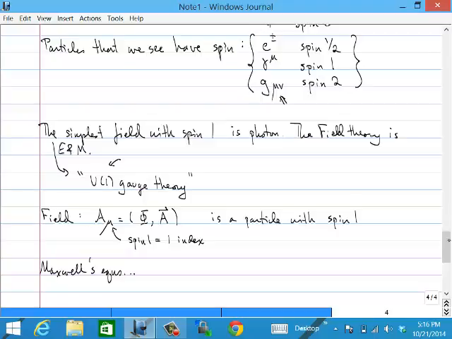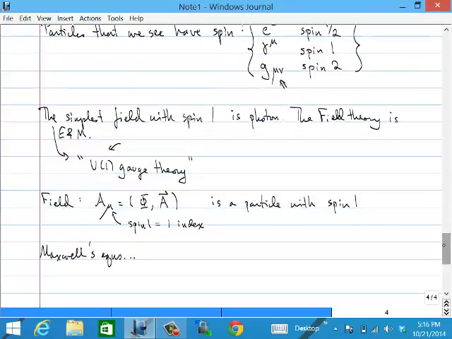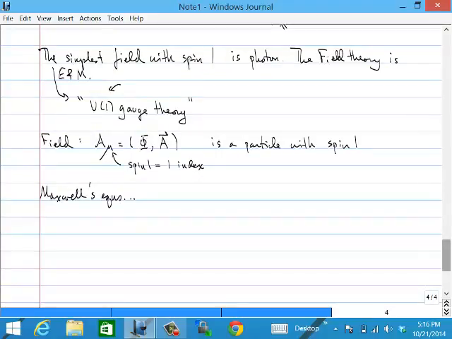In particular, we're used to dealing with an electromagnetic field in terms of an electric field E and a magnetic field B. But when we're talking about special relativity, it's very convenient to combine these into one single object, which in fact is an antisymmetric two-index object, known as the electromagnetic field strength tensor F, which is defined so that its 0i components are the electric fields, and its ij components are the magnetic fields.